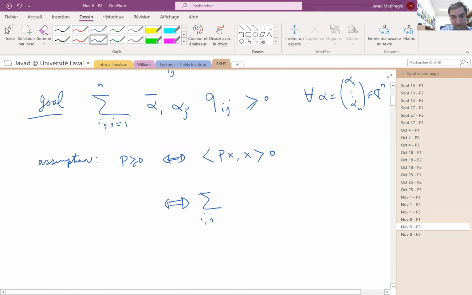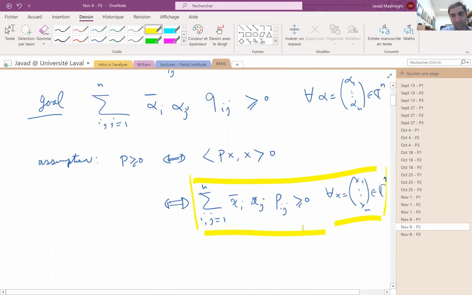Sum ij from 1 up to n, xi bar xj Pij is positive for every x in C. And we know this. This is our assumption.